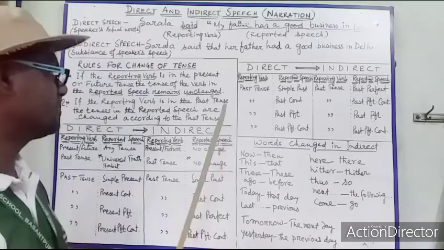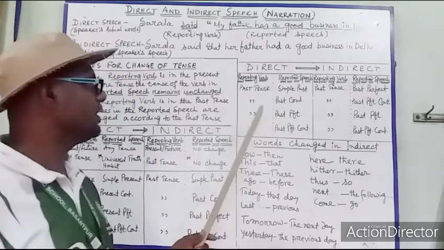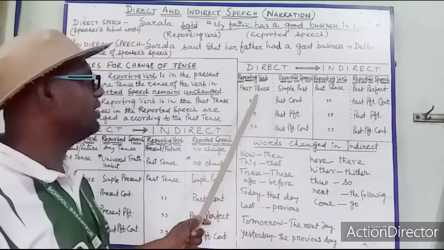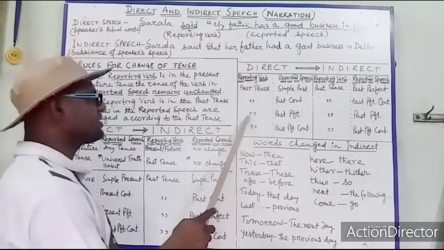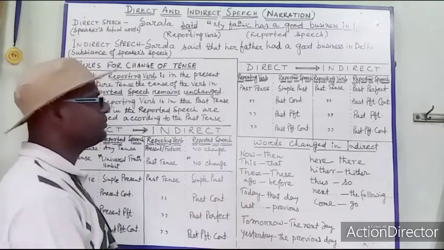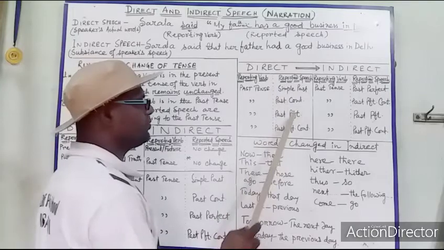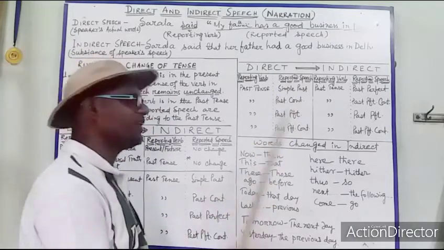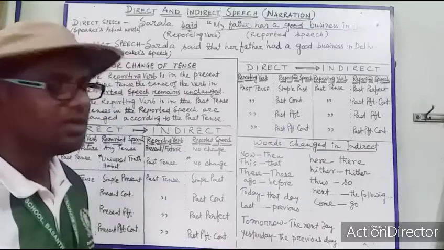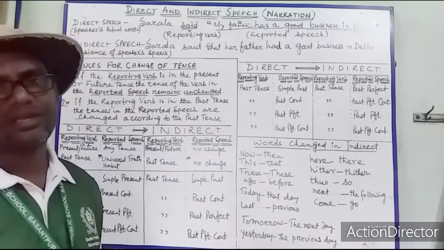Okay. Next, if the past tense is there in the reporting verb and the past perfect tense is in the verb of the reported speech, after past perfect, which tense comes? Past perfect continuous. And after that, no tense.